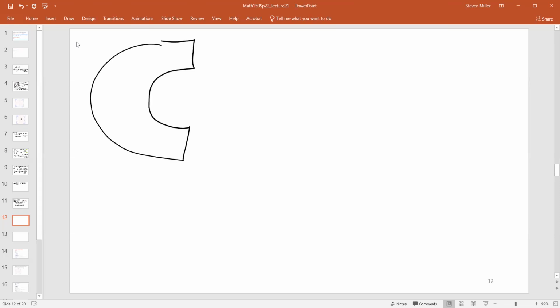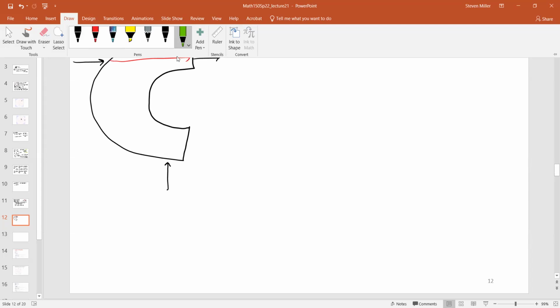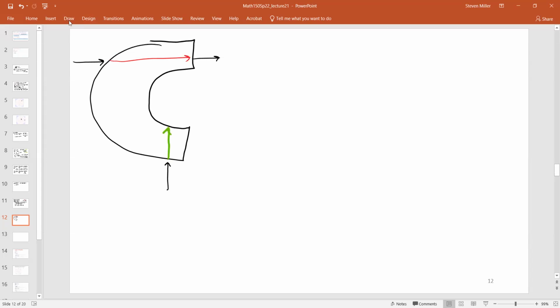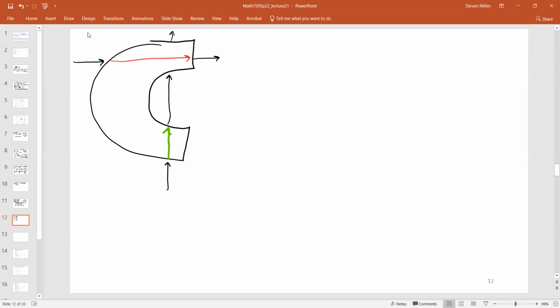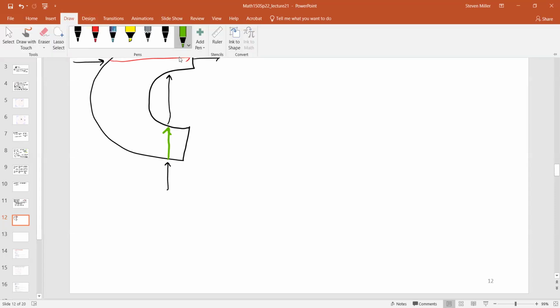So if I give you something like this, this will be horizontally simple. I come in, I stay, and I leave. But if I come in over here, I'm in the region, I then leave the region, and then I come back and I'm in the region again.